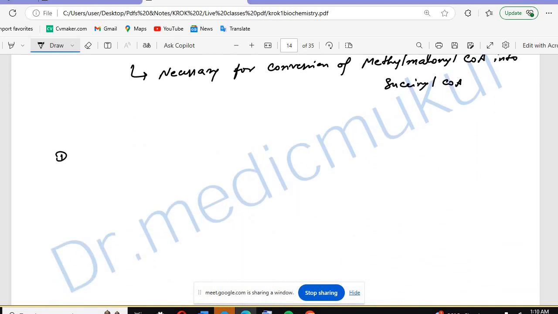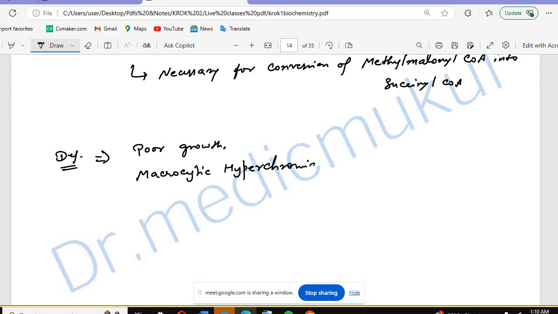The deficiency of vitamin B12 will lead to poor growth. It leads to macrocytic anemia, or we also call this pernicious anemia.